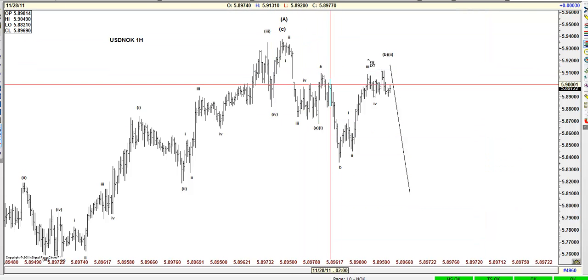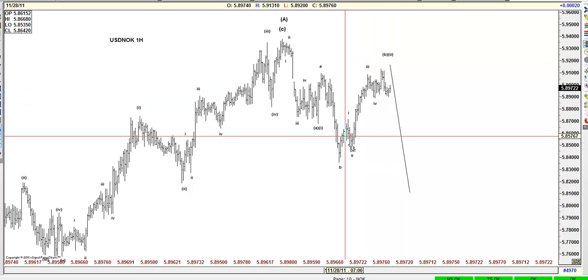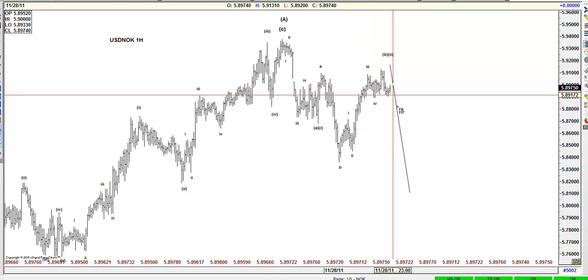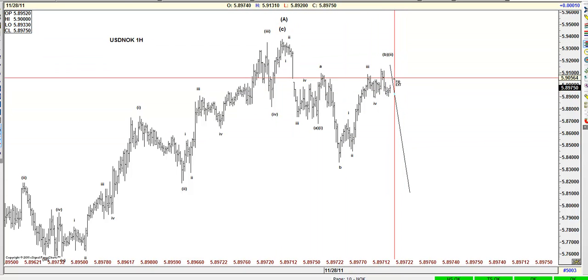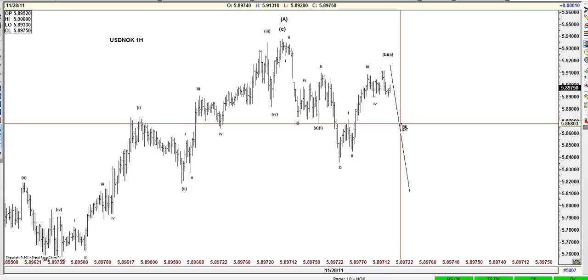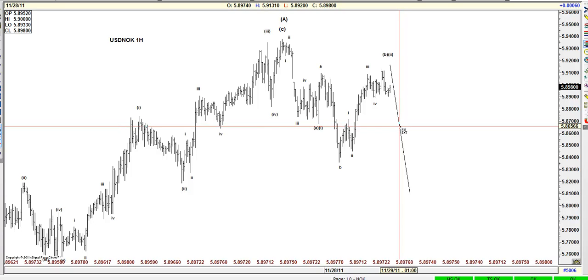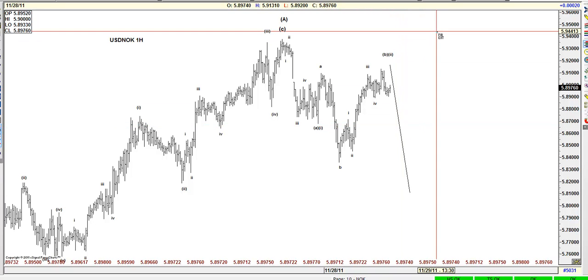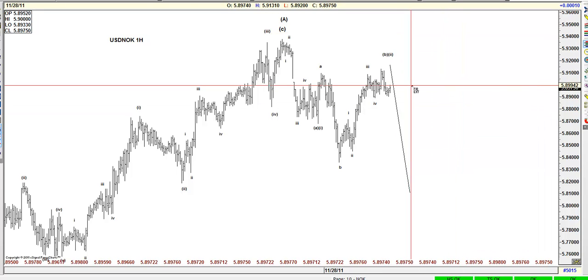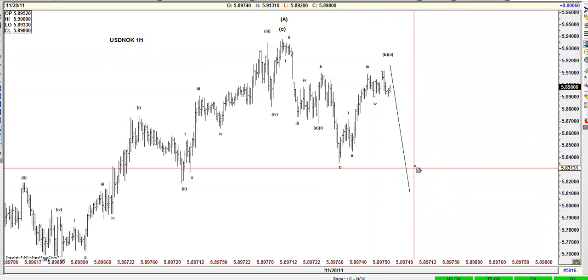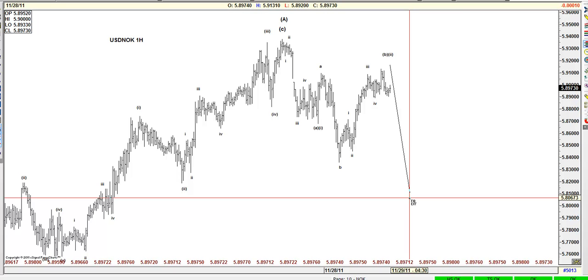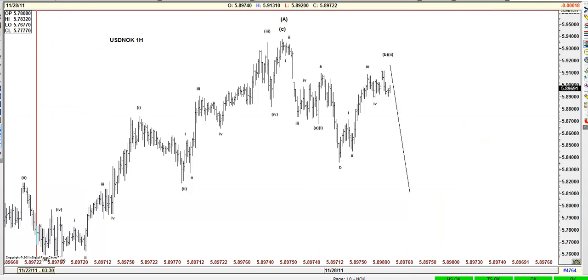But again, it's a structure which is considered a bearish structure, and this pair should trade lower. In the most bullish case, it should trade around 586 before higher. But seeing the whole scenario around the market, we believe that this pair is showing a pronounced decline to the downside. That's for the Norwegian krone.